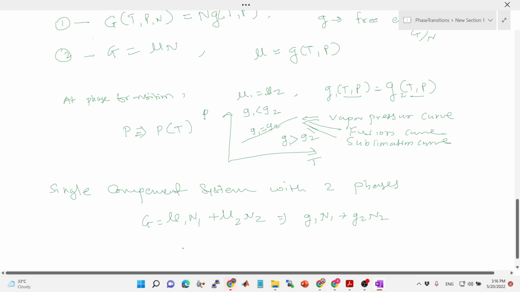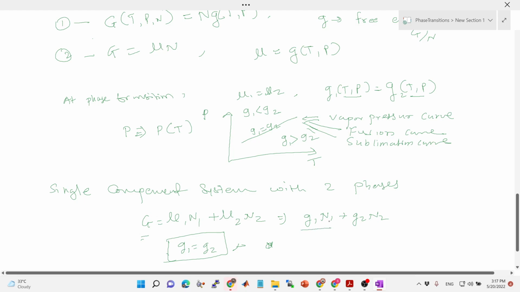Now, what we got is that g1 should be equal to g2. What this means is that the free energy per particle in the two phases is the same. That means even if a particle goes from N1 to N2, G does not change, because g1 is the same as g2.